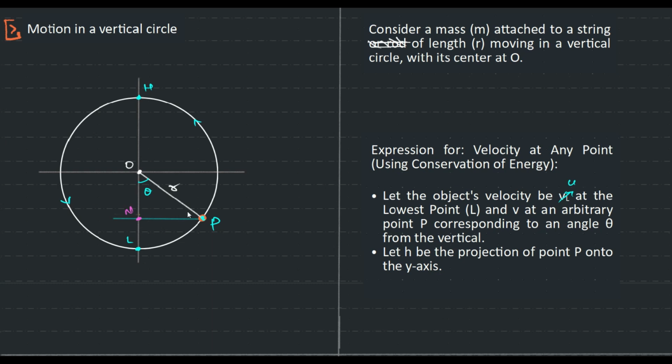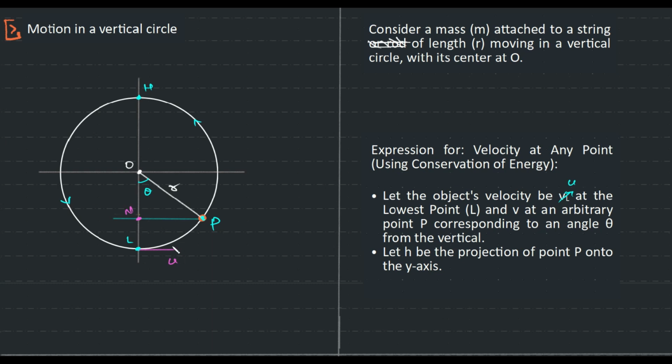Yeah, I think this is it. So let the object's velocity be u at the lowest point over here. Here the velocity will be tangential, of course, but it will be pointing to the right over here, because it's anti-clockwise. So this has a velocity of u.